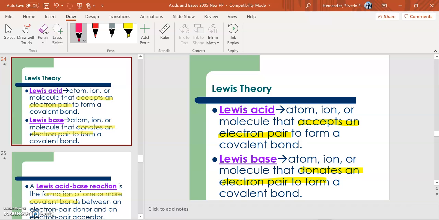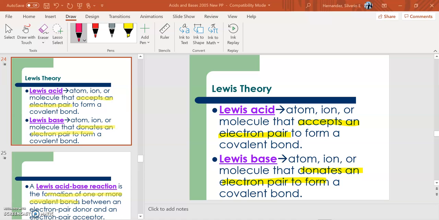For a substance to fit Lewis's definition of an acid, it had to be an electron pair acceptor. So if it accepted an electron pair, it was a Lewis acid. And if it donated an electron pair, it was a Lewis base.